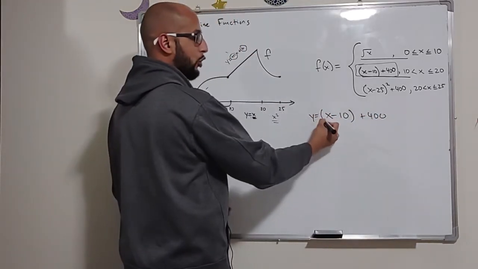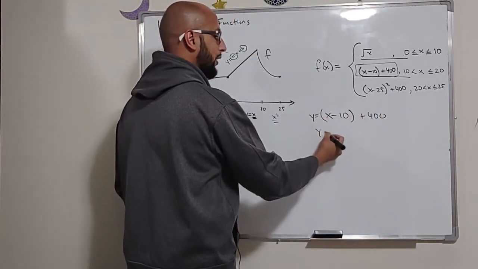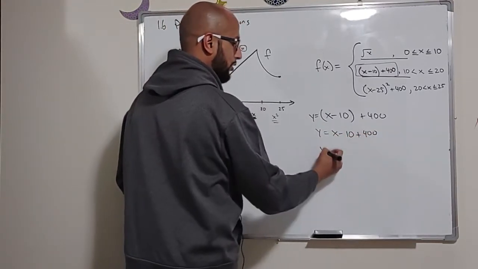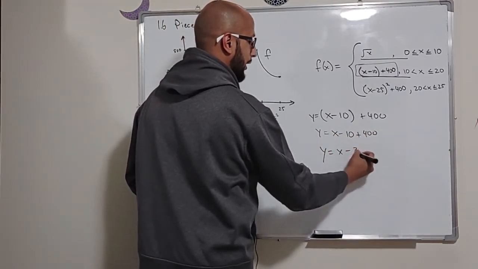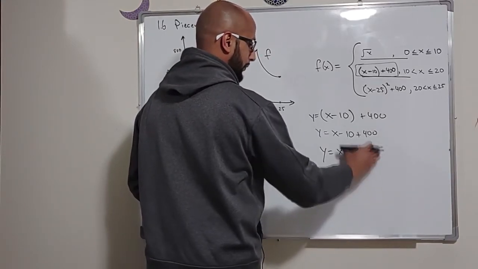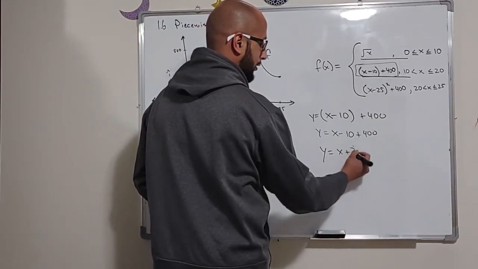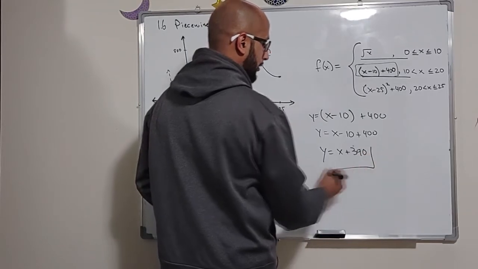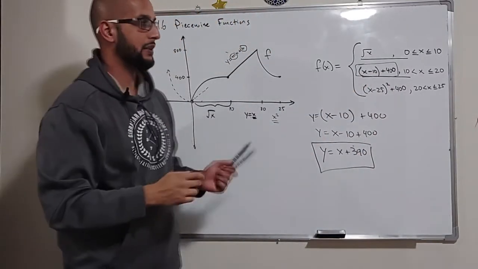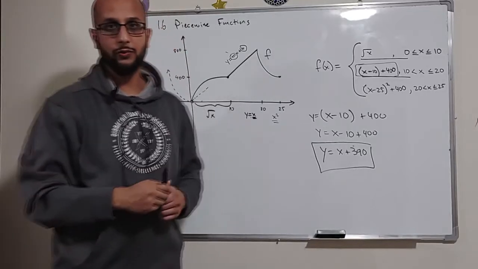Because there is no slope outside, we can simply open the brackets. We have x minus 10 plus 400. So y is equal to x plus 390. So y equals x plus 390 is the same thing as x minus 10 plus 400.